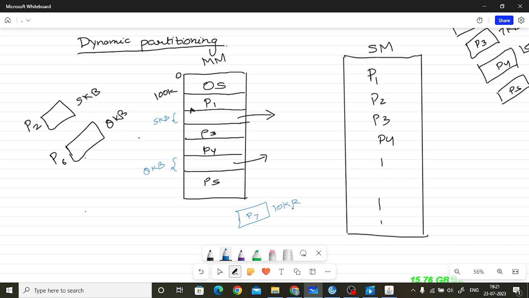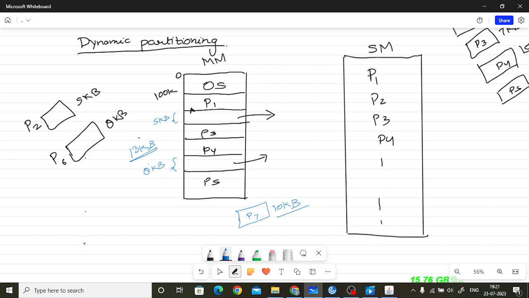This 10 KB process is to be accommodated into the main memory in place of P2 and P6. So how much total free space do we have? 5 plus 8 is equal to 13 KB of free space in our main memory, but we can't accommodate this P7 into our main memory.